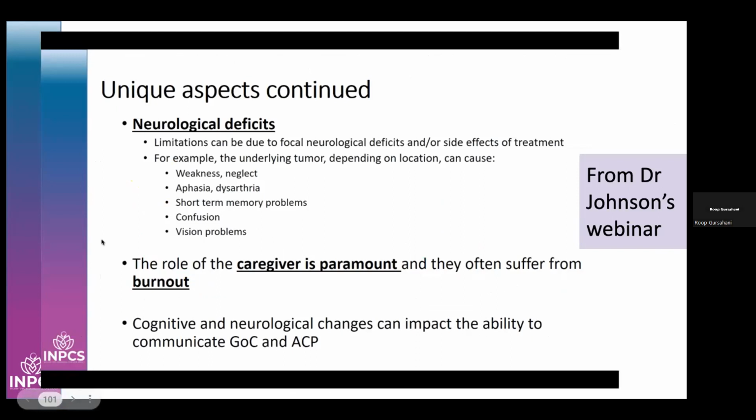Now, remember that during this period, because the caregiver is so heavily overloaded with decisions, with routine care, and also their own knowledge of their impending bereavement, it can become extremely difficult for them, and you have to keep an eye on how things are.